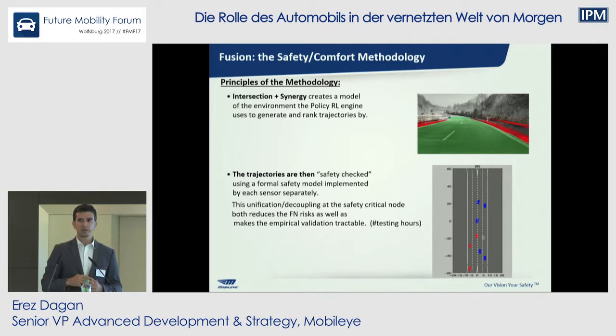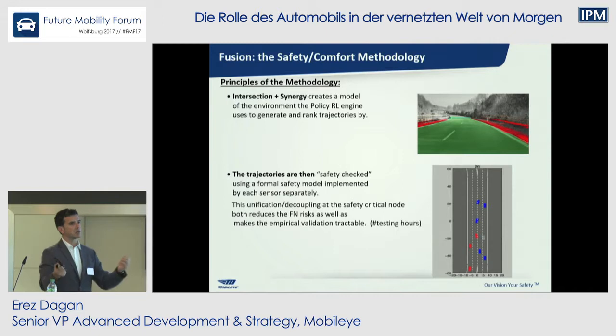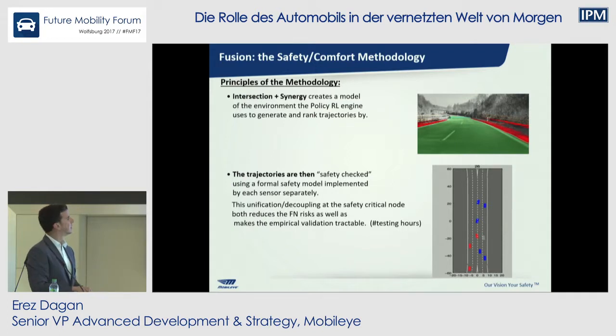The way that we try to decouple the problem to avoid this trade-off is that we build the first part that I mentioned, requiring redundancies and so on, as what you would think of as intersection of sources and synergy between sources. That's the first element. If you deploy this intersection of evidence, demanding intersection of evidence only for planning your trajectories on the long term, you're creating a risk of misdetections.